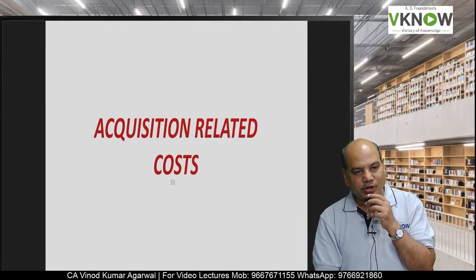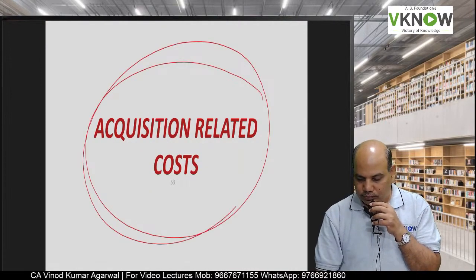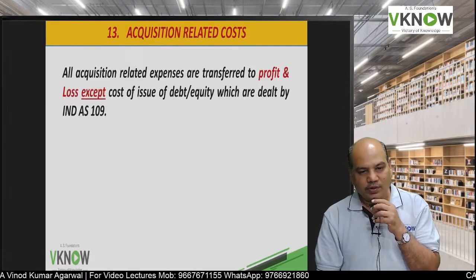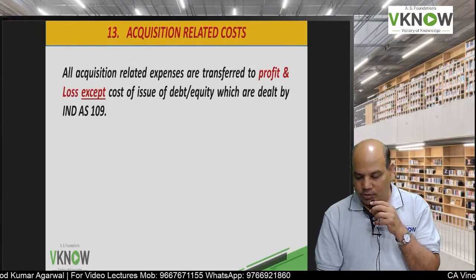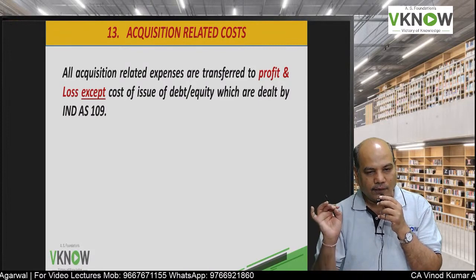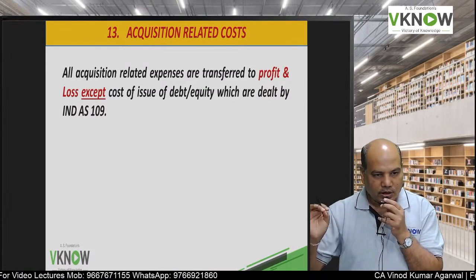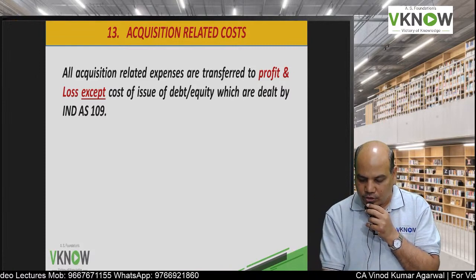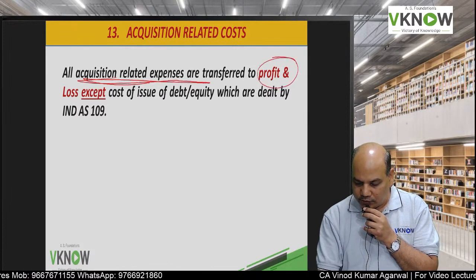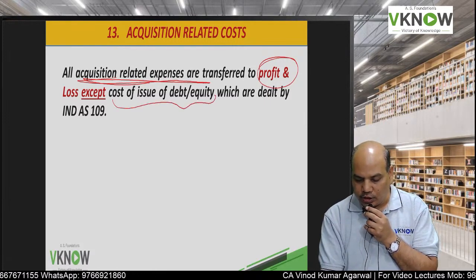What about acquisition related cost? Lot of legal cost, administration cost, brokerage, investment bankers fees, printing and stationery, etc. are incurred. If it is a business combination, all acquisition related cost will be transferred to the P&L account except cost of issue of debt or equity.